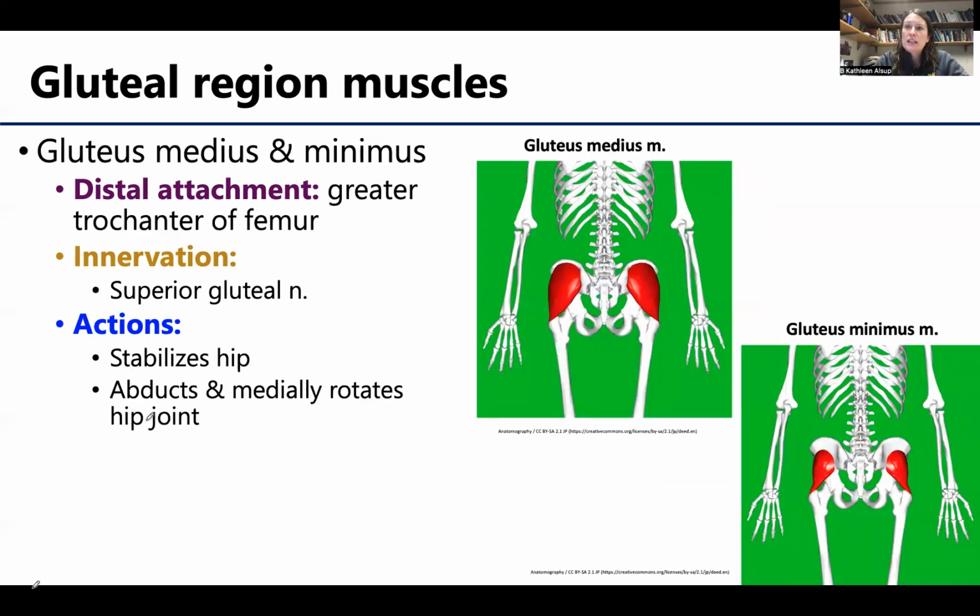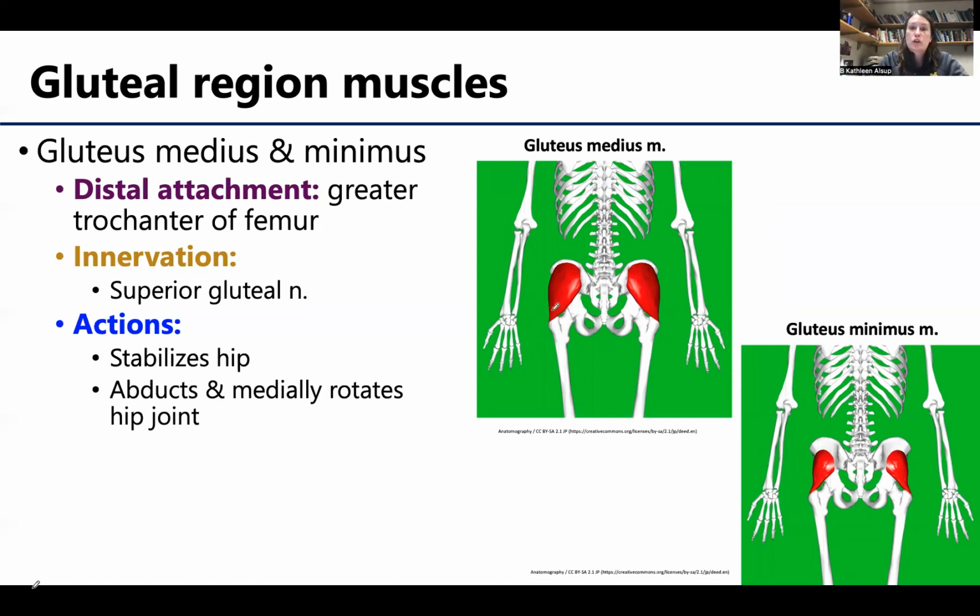Now, deep to the gluteus maximus, you will have the gluteus medius, which is intermediate in size as well as depth. It's going to be in between the gluteus maximus and the minimus. And the gluteus minimus is going to be the smallest of the gluteal muscles, and it is the deepest as well.